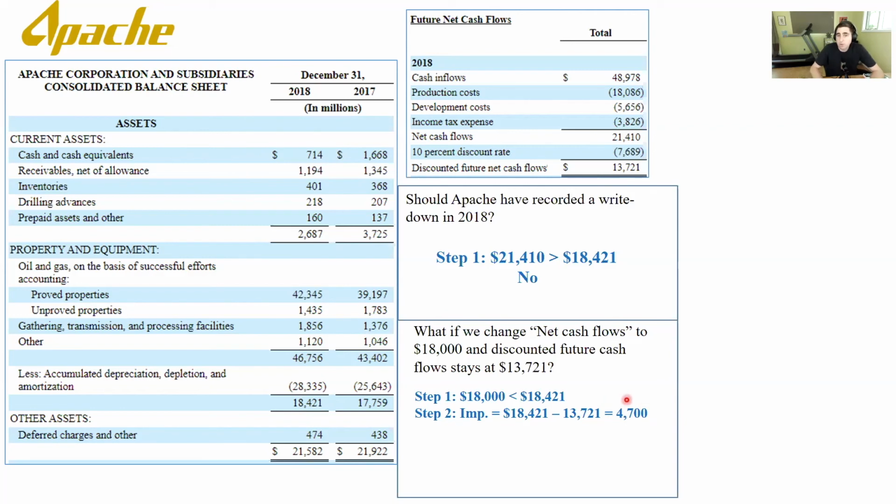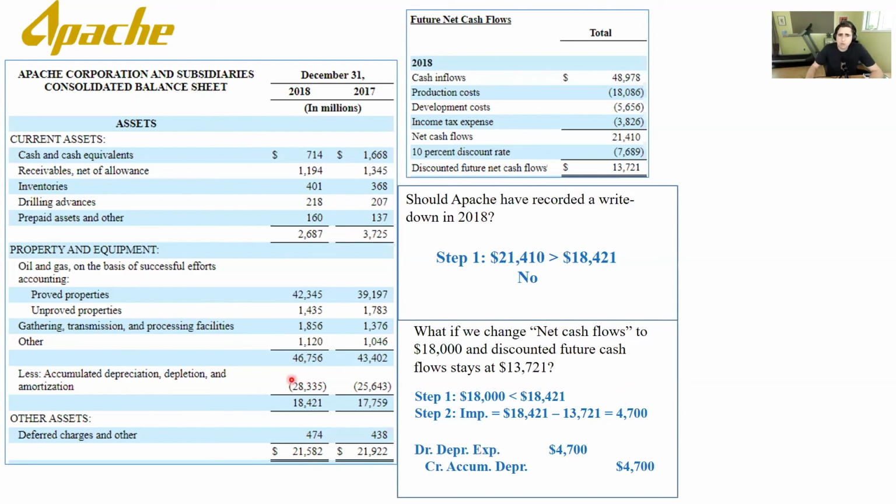So what Apache would do if this were the scenario, and there is some flexibility as to what accounts are involved here, but the account I prefer is let's just accelerate depreciation expense. So we'll debit depreciation expense for 4,700 and credit accumulated depreciation for 4,700.